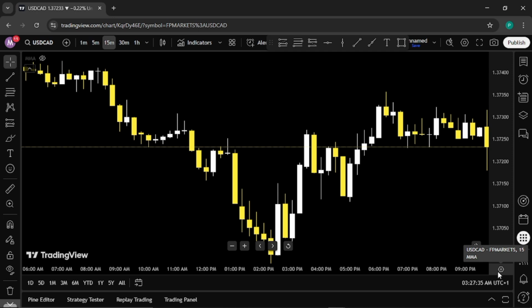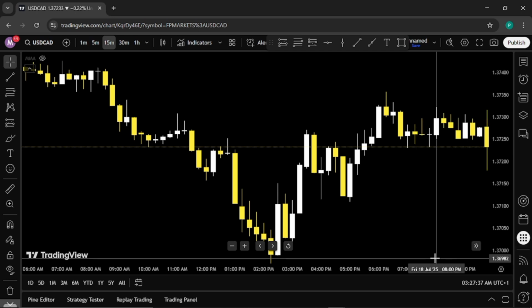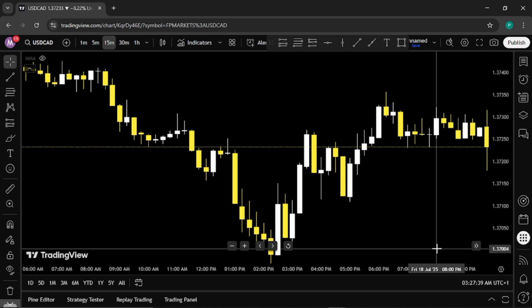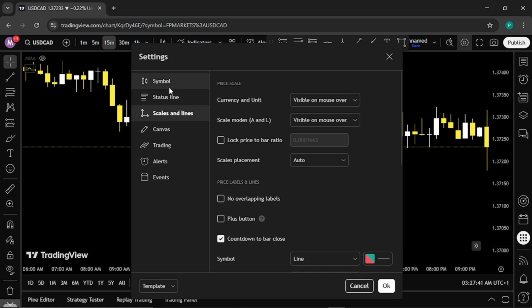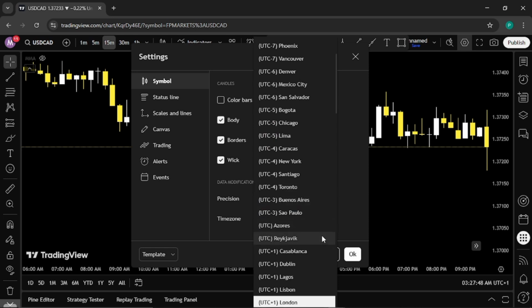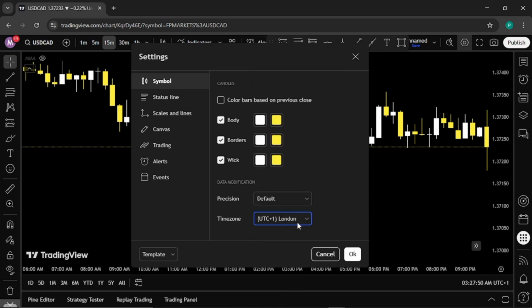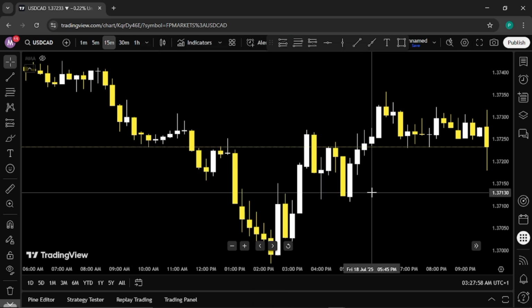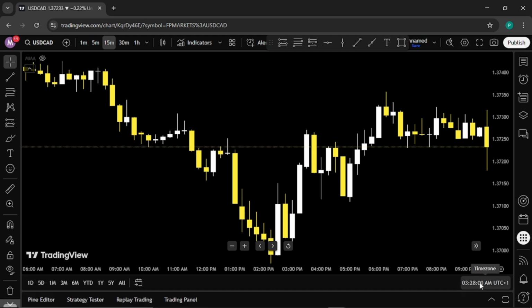So you click on the settings button, you scroll down and go to more settings, and it takes you here. When you go to symbols, we just want to make sure that the time is set to what you have here, UTC +1, which is basically London time, right? You just want to make sure that is set. When that is set correctly, you would see your time zone here, UTC +1.